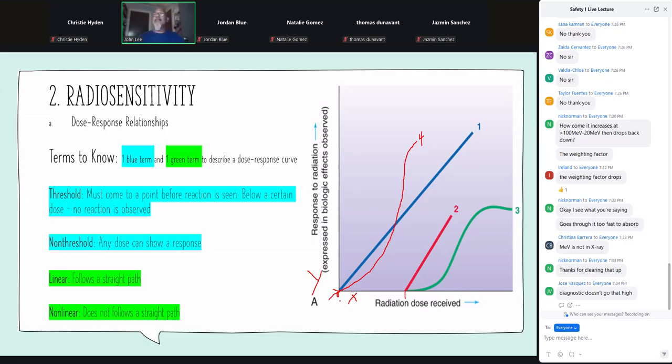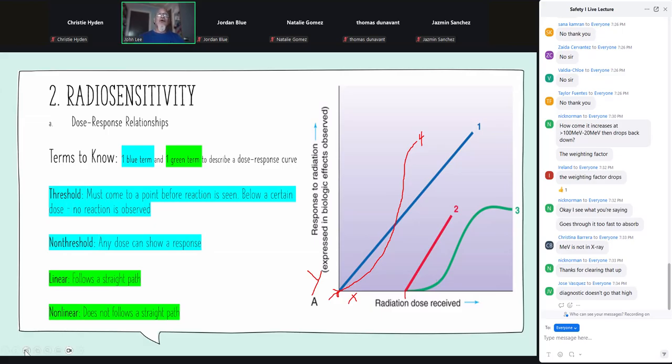Number three, again, there's a certain amount of radiation that we have to hit before we start to see a response. That gives us a threshold. And because it is a curved line, it is nonlinear.